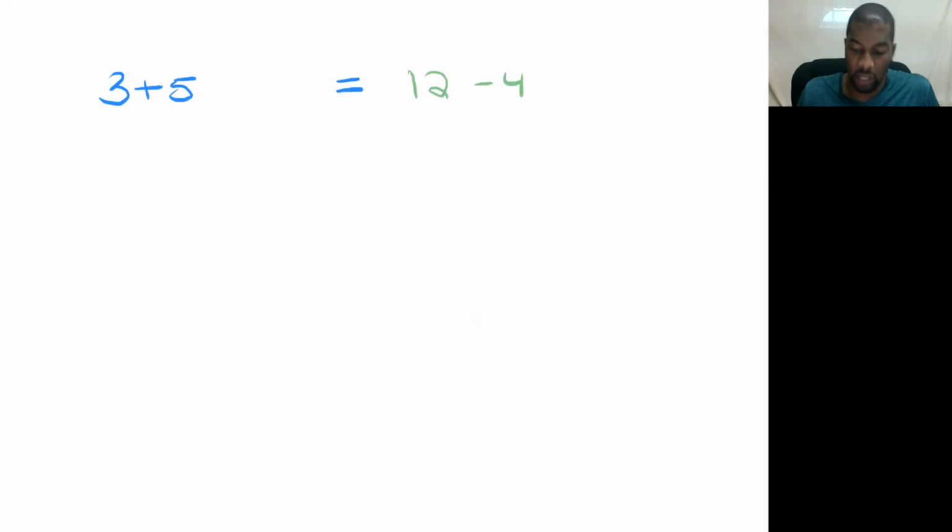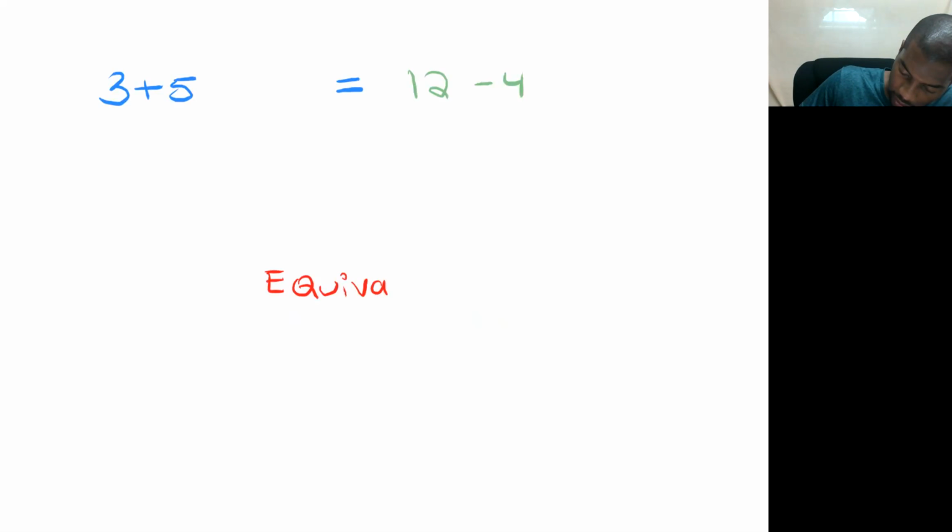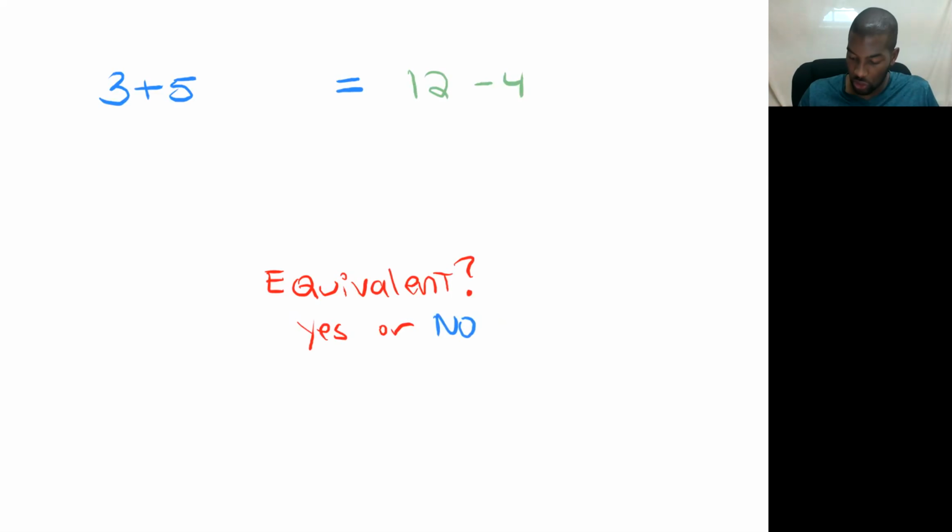Let's start off. Number 1. Tell whether 3 plus 5 is equivalent to 12 minus 4. All right, so now we have to ask ourselves, equivalent, yes or no. Okay, so let's just do the steps.